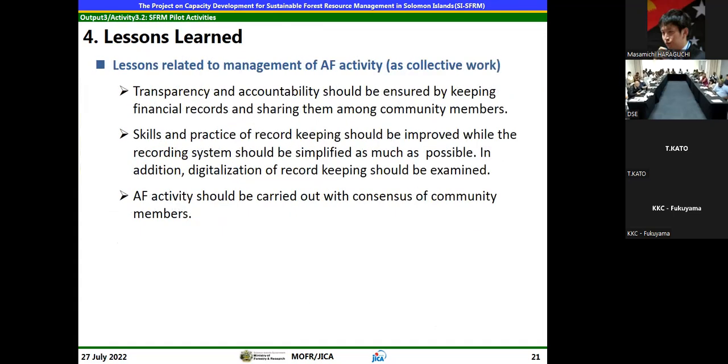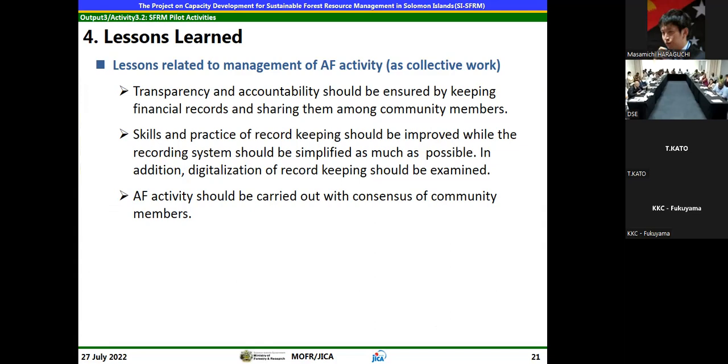The next lesson category is related to management of AF activity as a collective. Transparency and accountability should be ensured by keeping financial records and sharing them among the members. In this project, the community members know how to keep daily records and financial records, and transparently share them with each other.